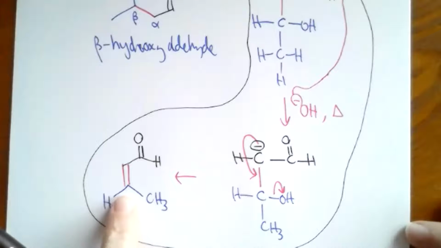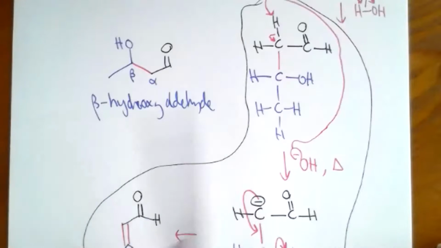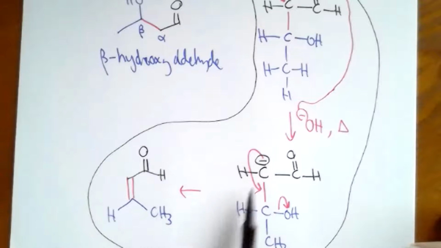So maybe you would want to call it an elimination reaction, an E. But is it an E1? No, because E1 has to go through a carbocation. Is it E2? No, because E2 is concerted all in one step. Here, you take a hydrogen and make this, then you fold down and kick out.